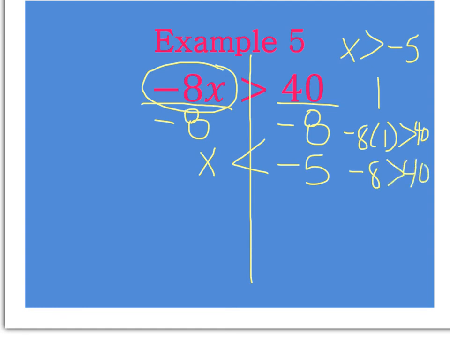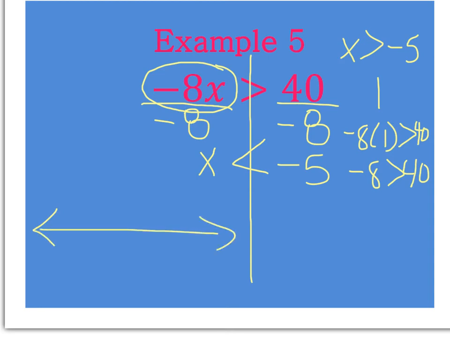Is that true? No, it's not. That's why we have to flip the inequality symbol, because otherwise, when you're dividing by a negative, it changes the sign. And so if you change the sign on one side, you have to change the sign on the other side. And so that's why we flip that inequality symbol.